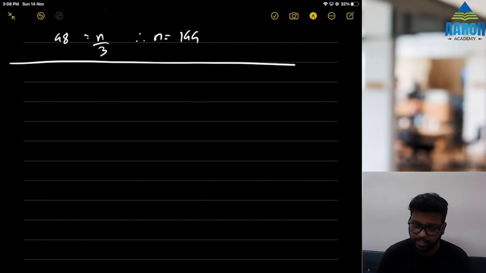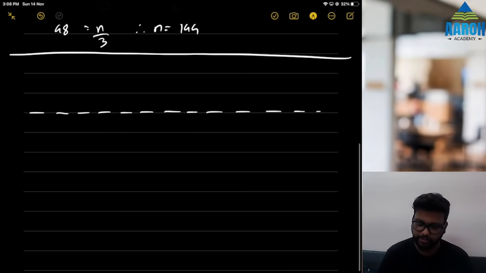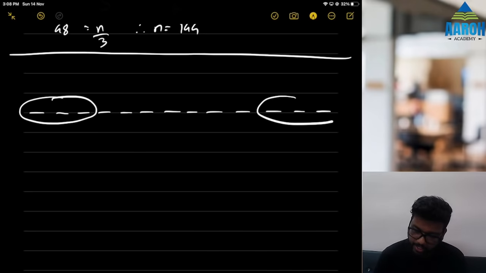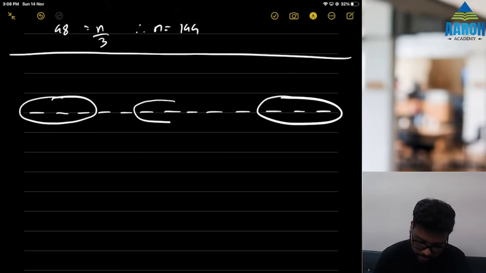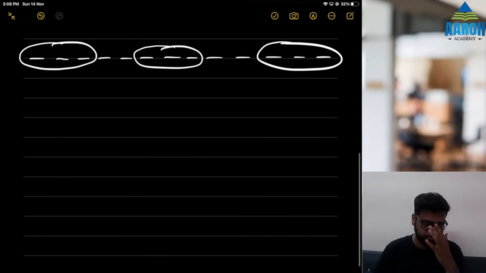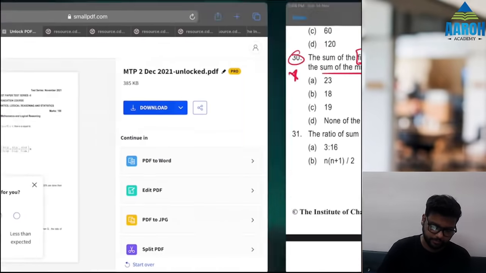There are 13 terms of this AP. 1, 2, 3, 4, 5, 6, 7, 8, 9, 10, 11, 12, 13. They have given us sum of first three terms and last three terms. They want us to find sum of middle three terms. You can go by formulas, you will get the answer, but this is 18 and this is 28.